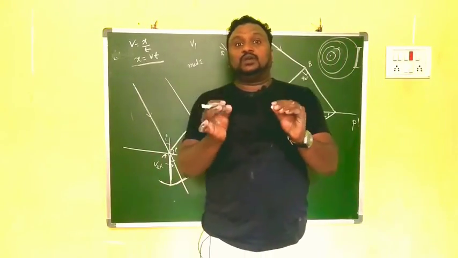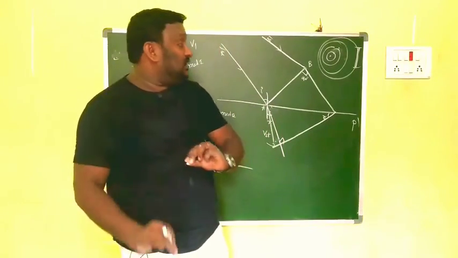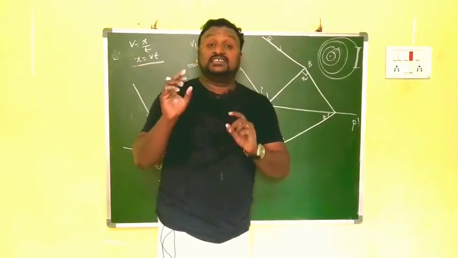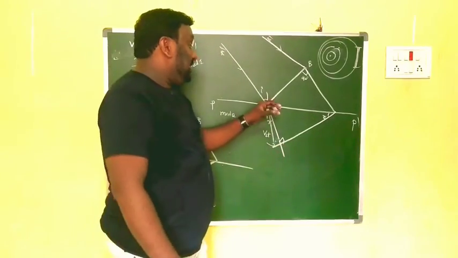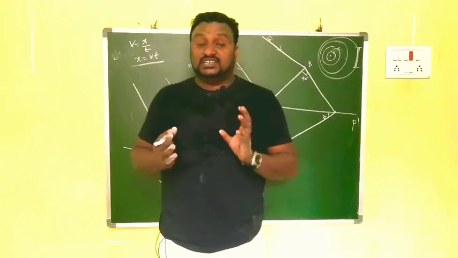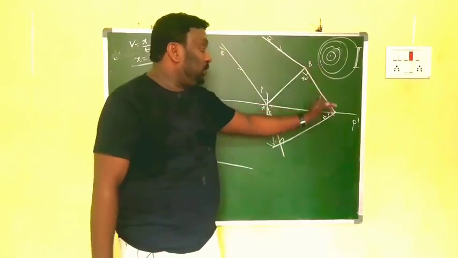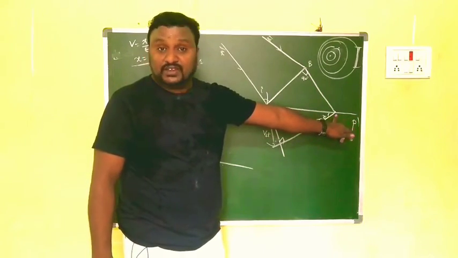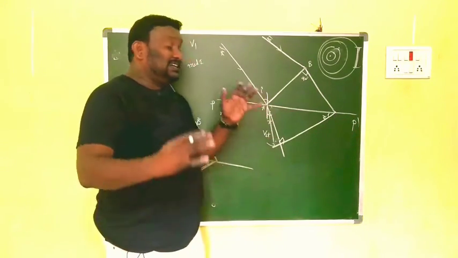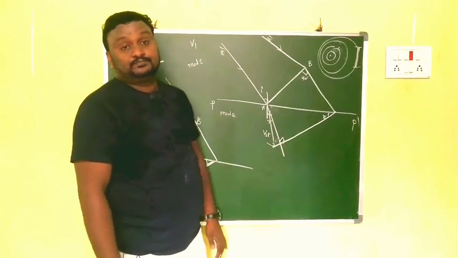In this case, we have to take one assumption: the time taken by the second wave. Because at A and B both are in the same phase of oscillation, the time taken by the wave at B to reach the interface must be equal to the time taken by the wave from A to this point.